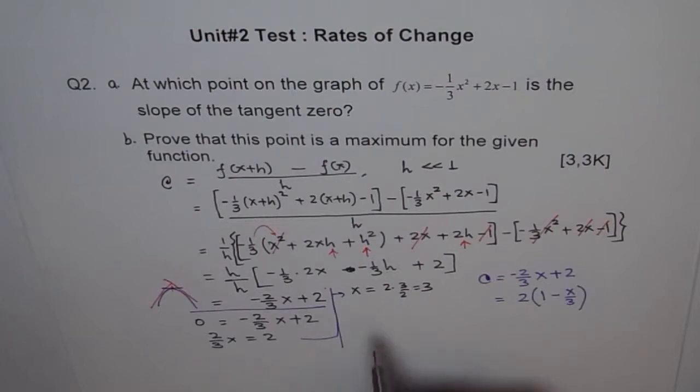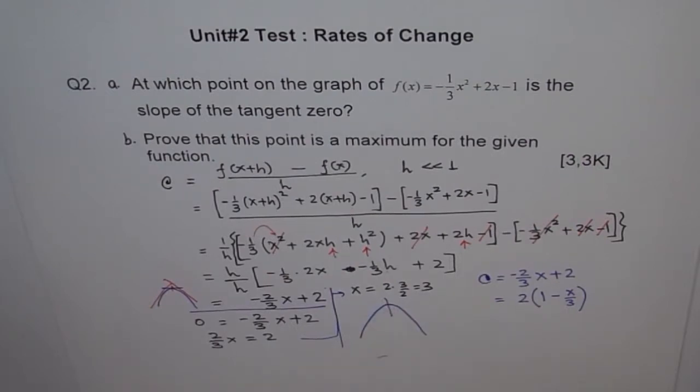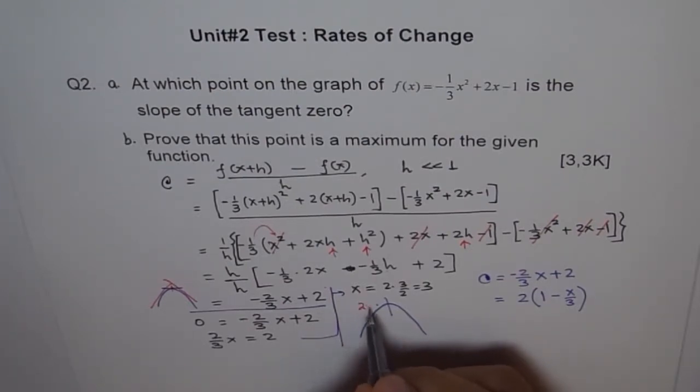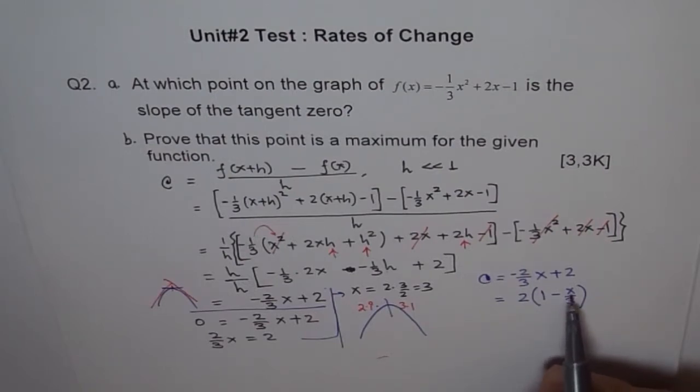Now look here. We say that at x equals 3, we have a maximum, right? Any point on the left side of this, maybe 2.9, let's say, and on the right side, we can take 3.1 as our test point, right? So if I write 2.9 here, then 2.9 divided by 3 will be less than 1, correct?